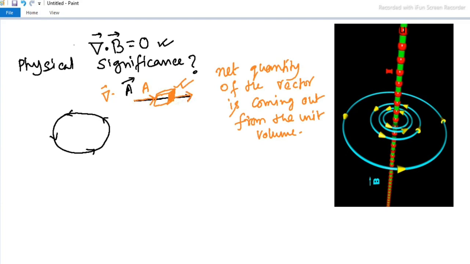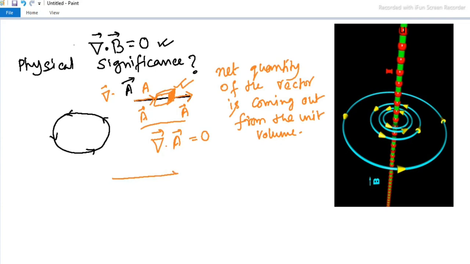So the coming out vector quantity is A, and the entering vector quantity is also A. So here the net quantity is 0. So for this particular vector, the divergence of A will be 0, which is a scalar quantity.